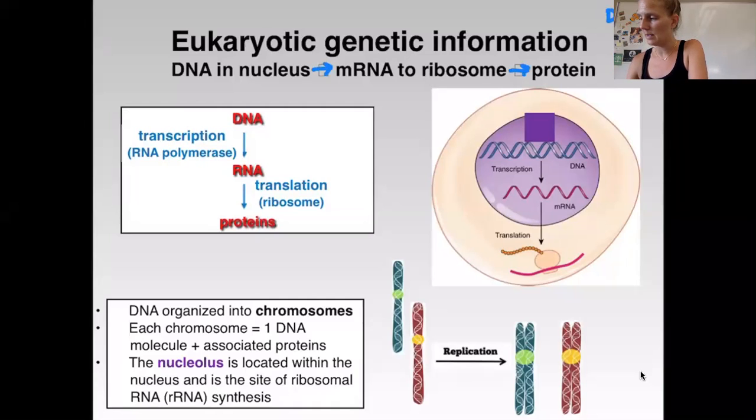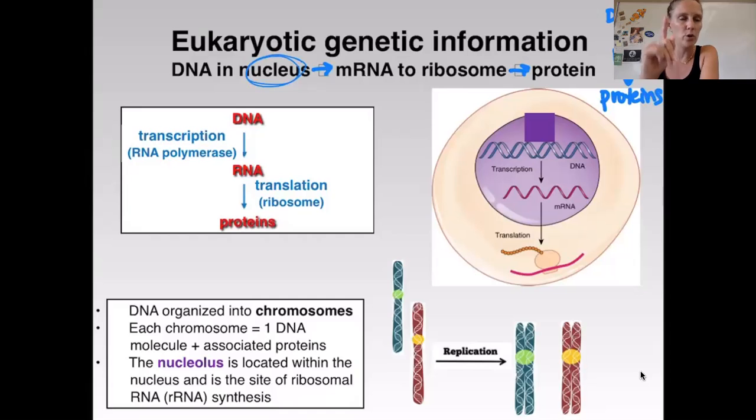So DNA to RNA to our little machines that do all the work, the proteins, right? In a eukaryotic cell, that DNA is in the nucleus, and it can never leave the nucleus. Can never, ever, ever leave the nucleus, right? DNA cannot leave the nucleus of eukaryotic cells.